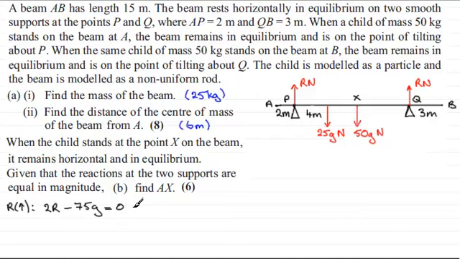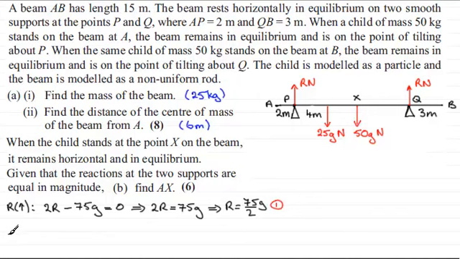So from this, it clearly follows that if I add 75g to both sides, 2R would equal 75g. And then if I divide both sides by 2, it follows that R must be equal to 75g divided by 2. Okay? Now, I'll call that equation 1.